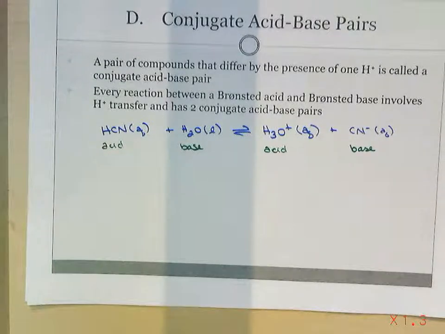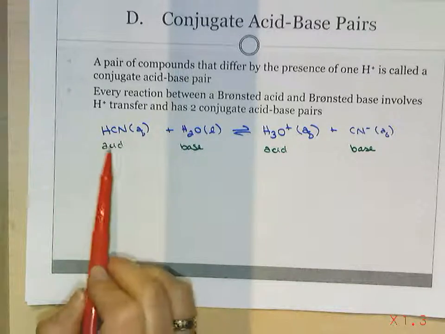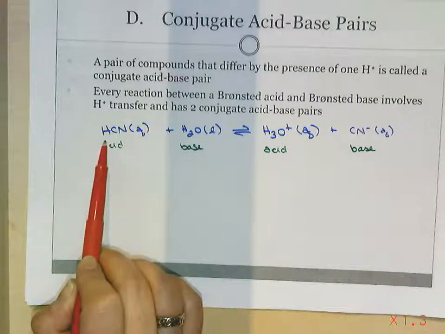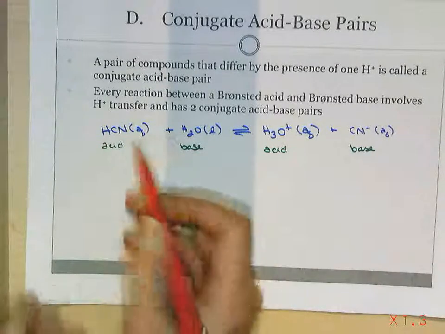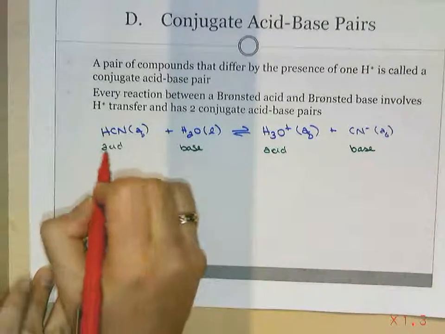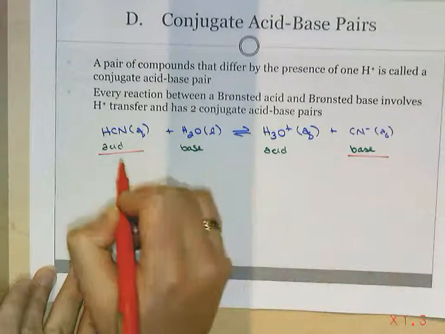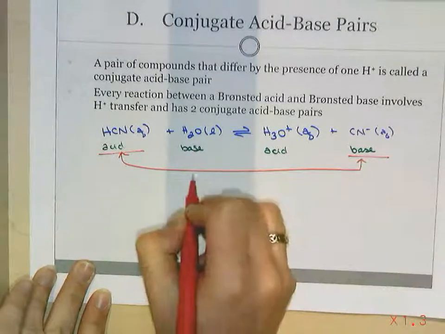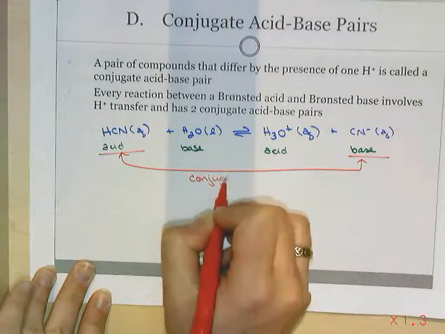All right. If that's all true, what is the conjugate pair of my hydrocyanic acid? The CN-. So this guy and that guy are conjugates of each other.